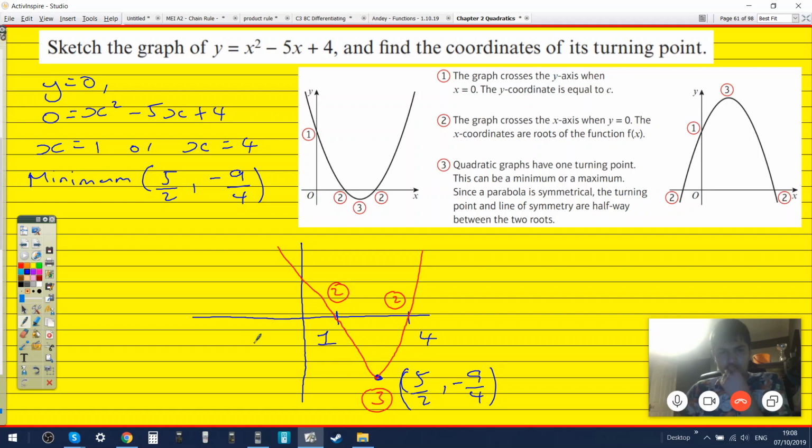To get the y, do I need to sub all of those things into like y equals mx plus c? Nothing that complicated. For the roots, it's when y is equal to 0. And so for the intercept, it's when x is equal to 0. Or in other words, it's just the y-intercept.